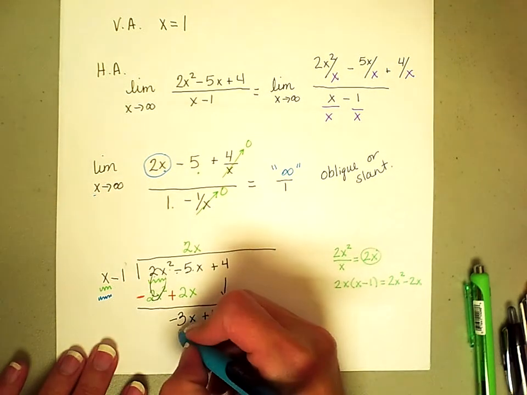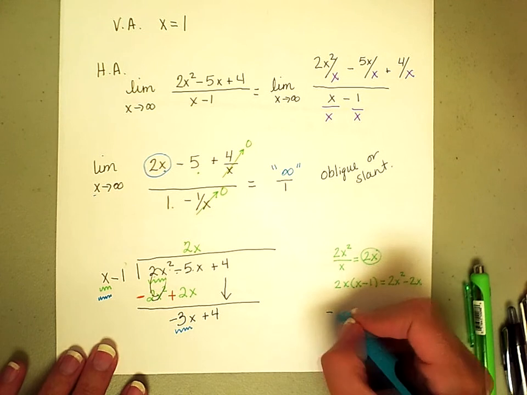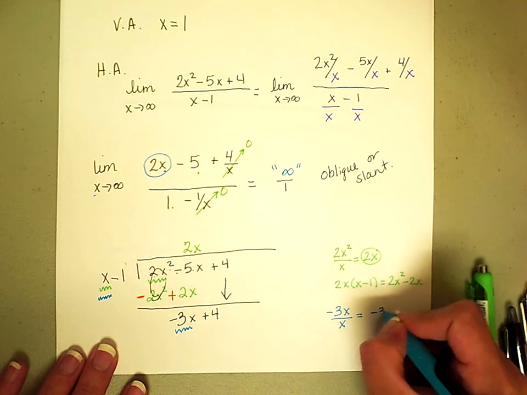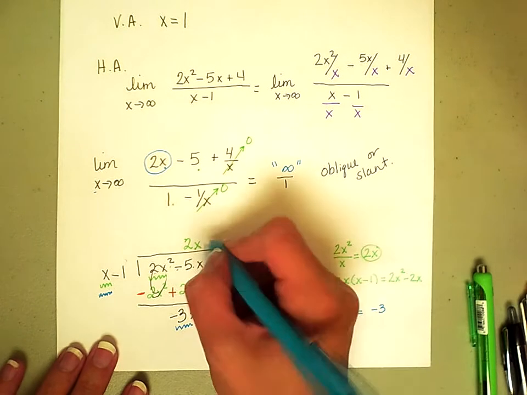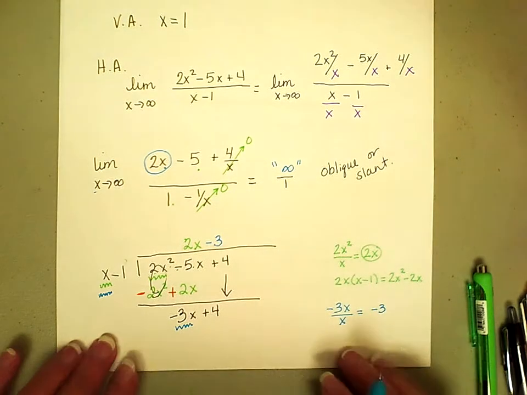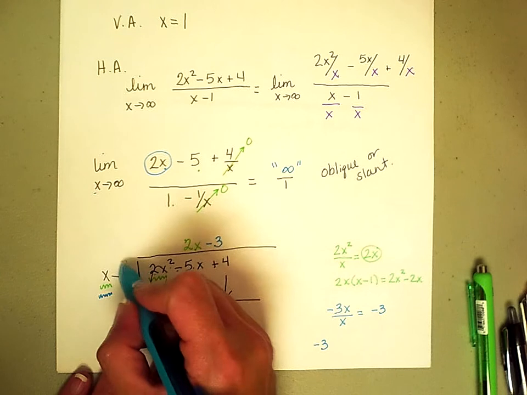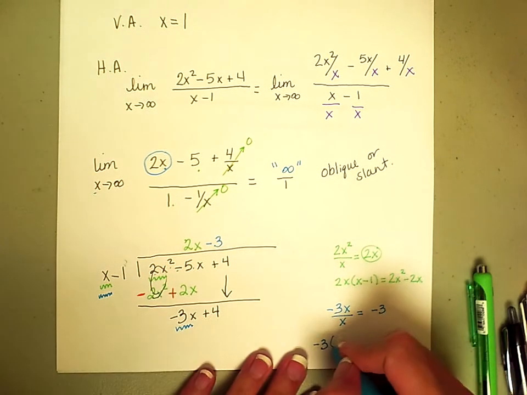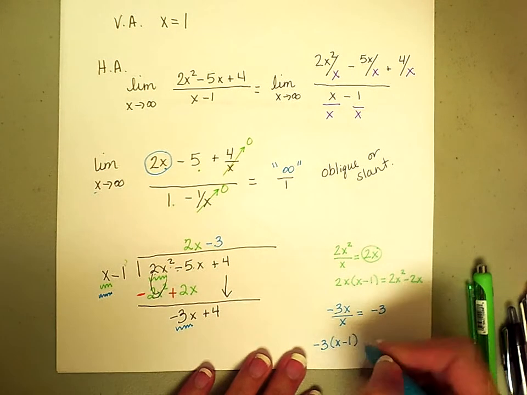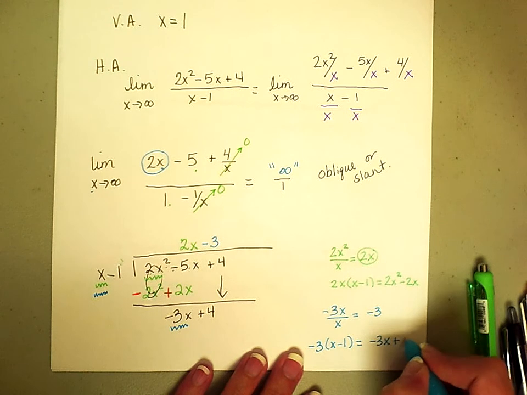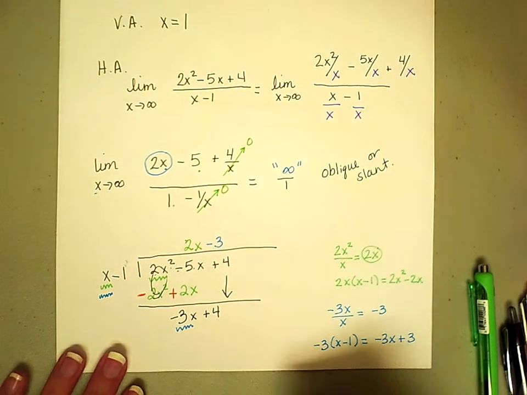Then we can start the process again. How many times does x go into negative 3x? That reduces to negative 3. So we write that as minus 3 up top. Then we take negative 3 times x minus 1, which is equal to negative 3x plus 3.